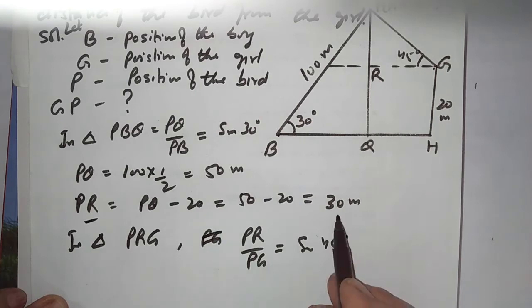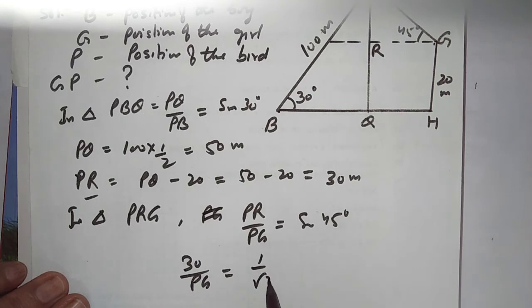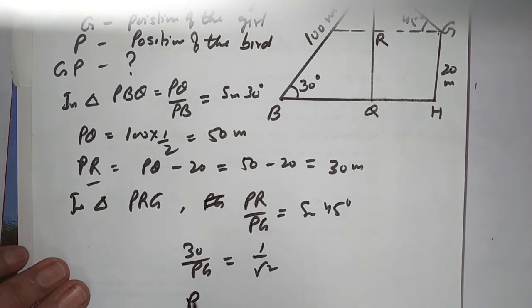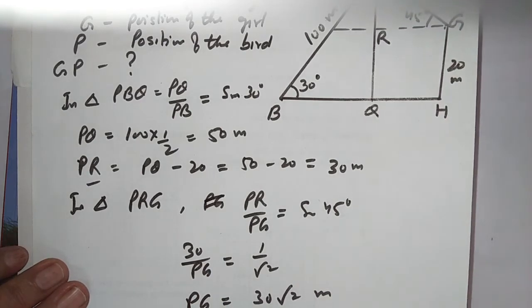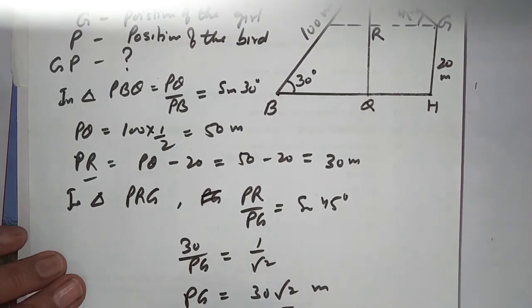PR we have just got, 30 upon PG is equal to 1 by root 2. So PG is equal to 30 root 2 meters. This is our distance of the girl from the position of the bird.